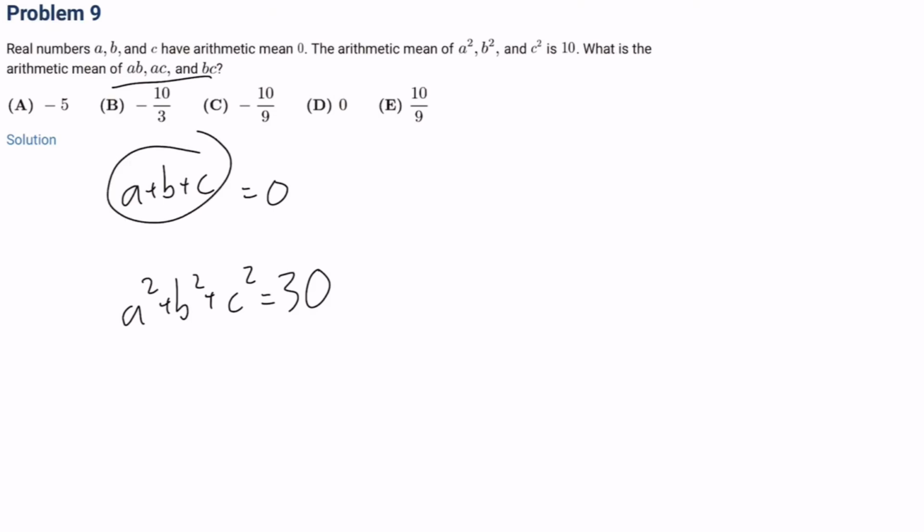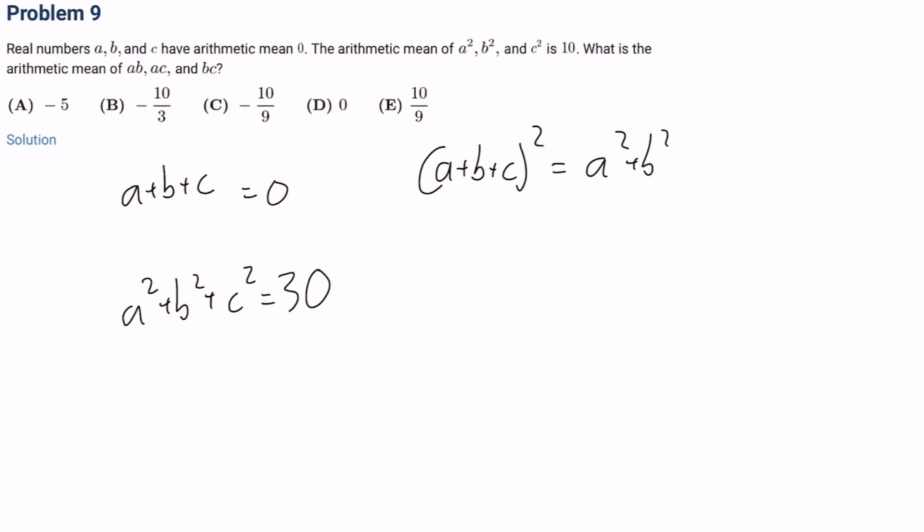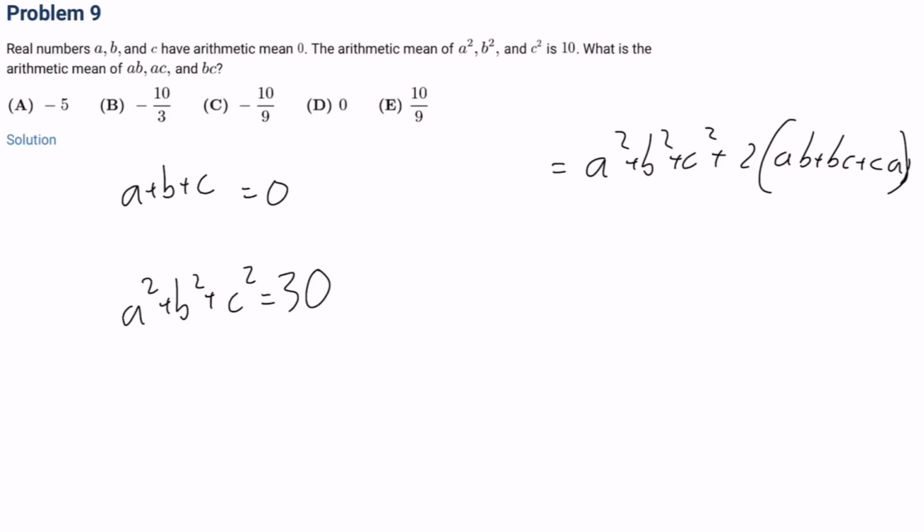Okay, so I'm looking at A plus B plus C, A squared plus B squared plus C squared, and AB, AC, and BC. That should trigger something, which is A plus B plus C squared, because this expands to A squared plus B squared plus C squared plus 2 times AB plus BC plus CA. And we can substitute in these values. Since A plus B plus C is 0, this becomes 0.